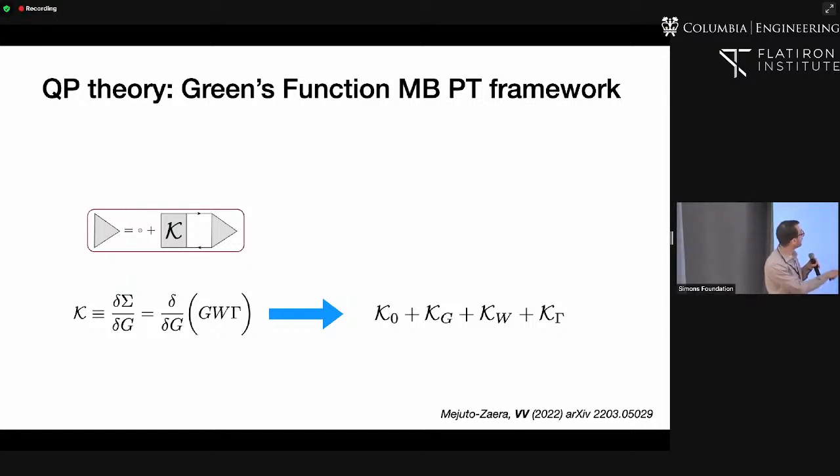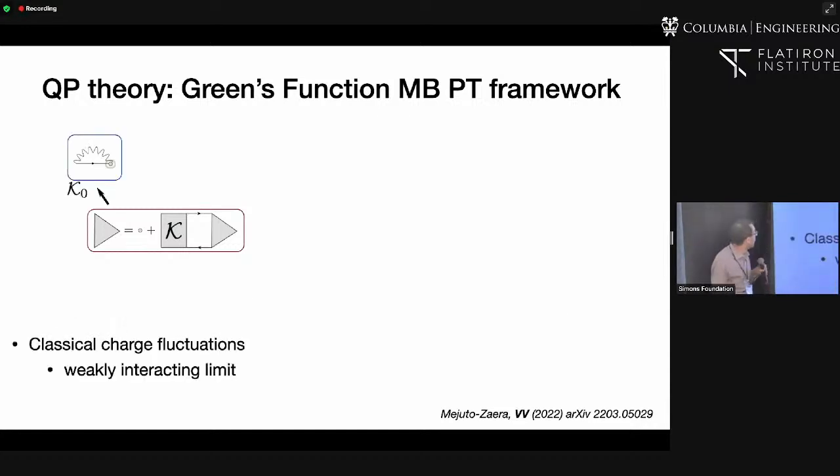The K0 would be just the identity, and this one has been universally neglected up to now. If I start with the identity, I get the GW approximation, which only accounts for charge density fluctuations. I add a particle to my system, it generates a charge density fluctuation, and that is very classical in a sense. It just describes how my system reacts to that new charged particle.